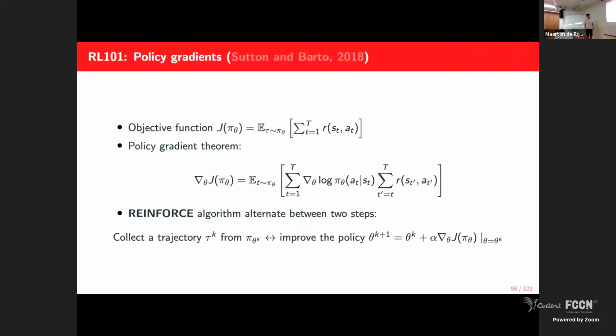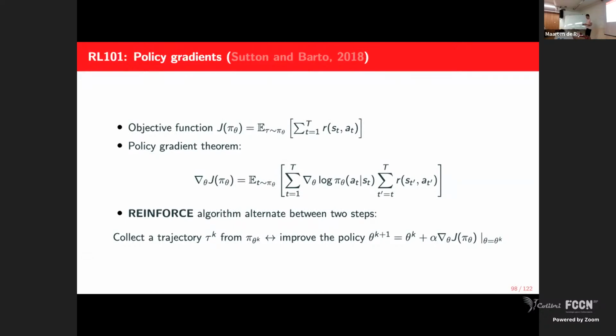And we want to do that by gradient ascent. That means changing your parameters in the right direction so that, by small steps, it maximizes your objective function. And the key trick here is the policy gradient theorem, which gives you an easy way to compute the gradients of that objective function.